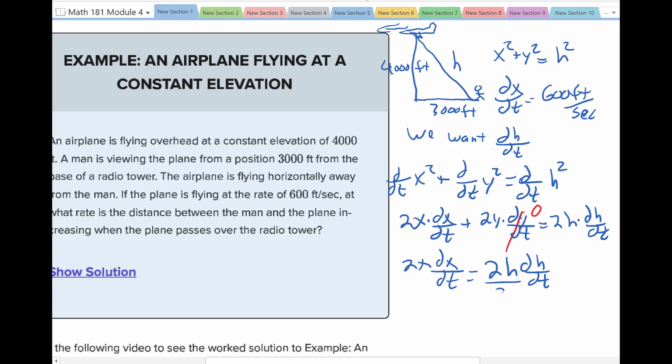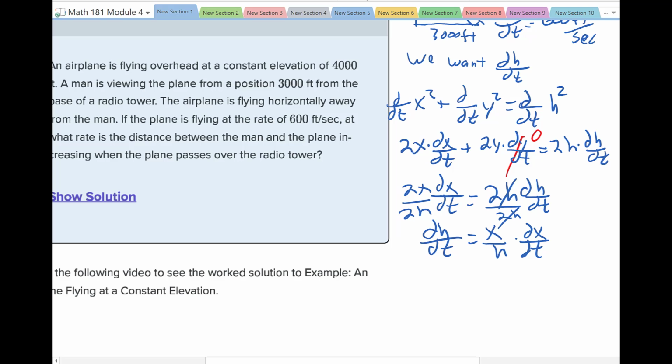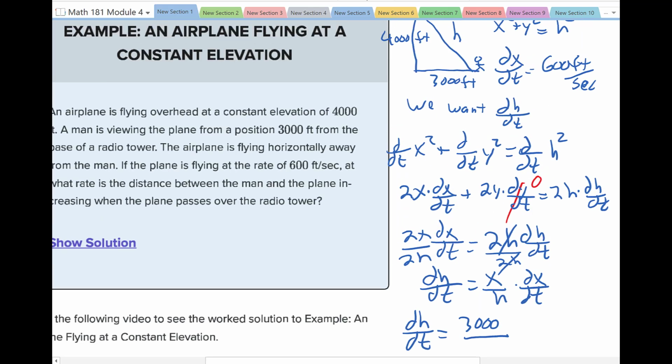So if I divide both sides by 2h, I have dh dt is going to be x over h times dx dt. So now we need to fill in the pieces here. Our dh dt is what we're after, equals x. Well, at the time this happens, it's 3,000 over an h, because it's the right triangle.